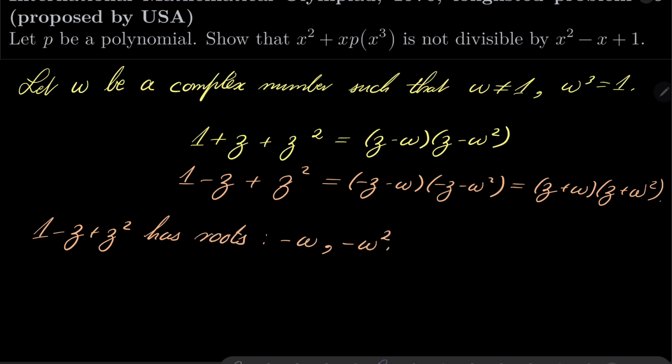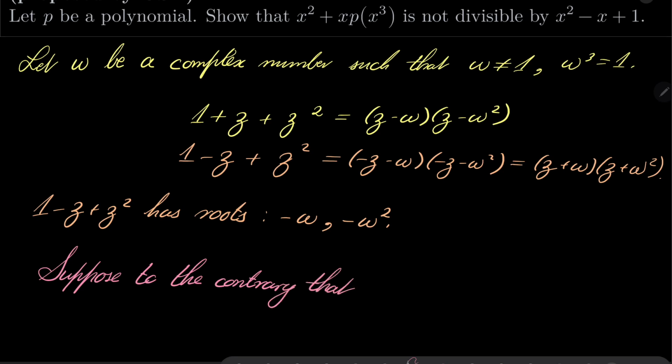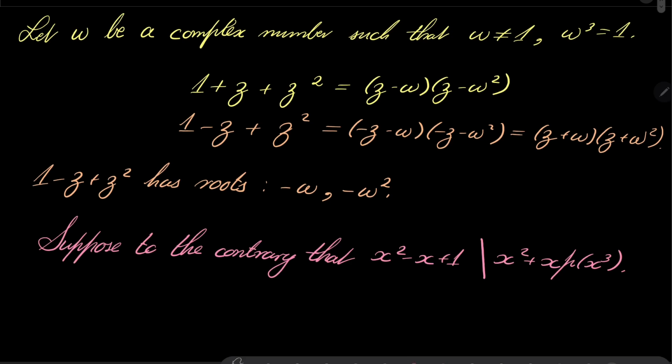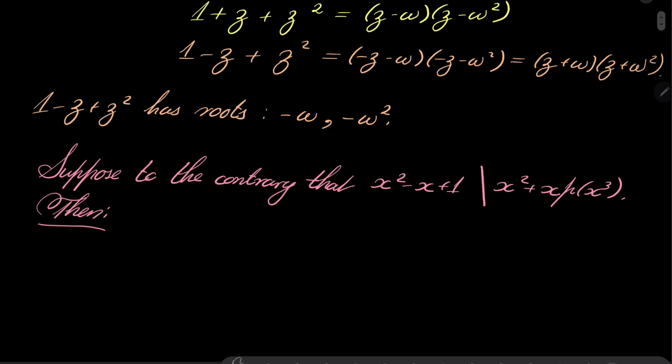Alright, and now let's suppose to the contrary that x squared minus x plus 1 does divide x squared plus x p of x cubed. Suppose that this is the case. Well, notice that then if I plug in minus omega and minus omega squared into this polynomial, we should get 0.